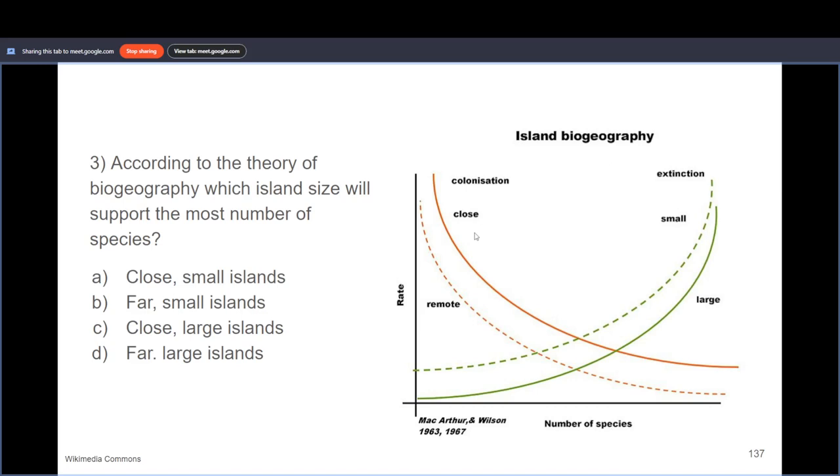So near and far islands, which is distance. So you have these four parameters that are accounted for in the theory of island biogeography, right?